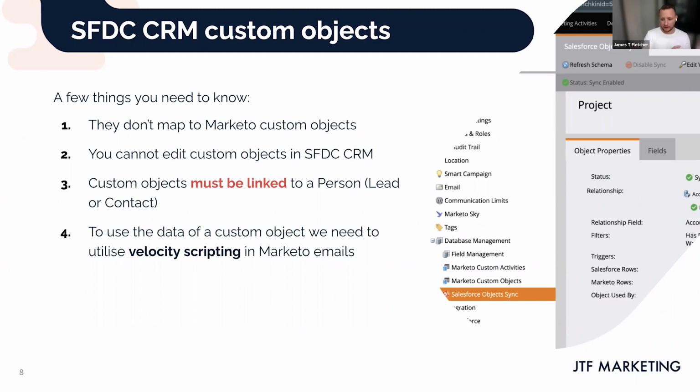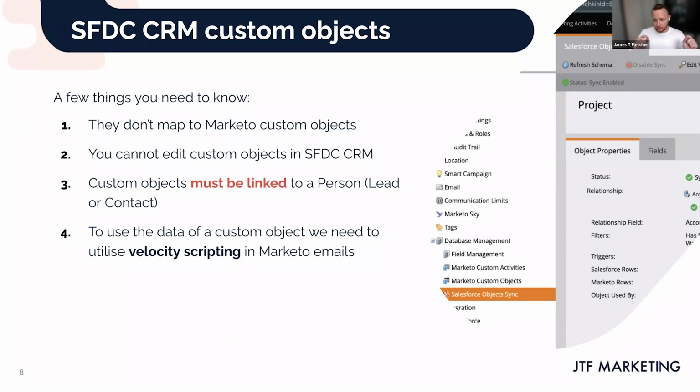That's very similar to Salesforce custom objects, because Salesforce objects need to be related to a person, much like a Marketo custom object, but both can only be used when using velocity scripting. So you need to have some level of scripting capabilities or be very good at using ChatGPT in order to write yourself a velocity script to pull those into the relevant emails.